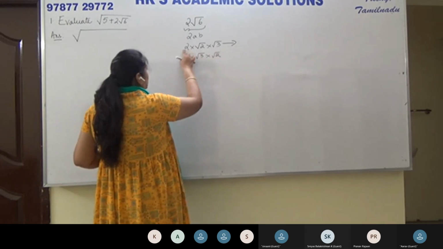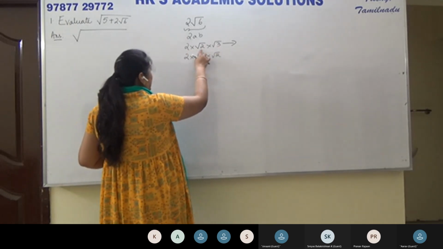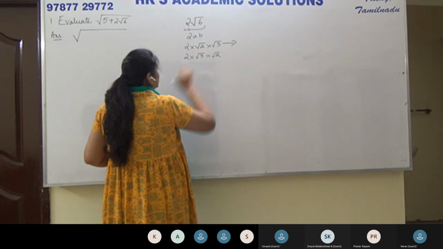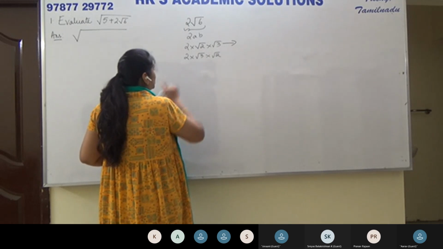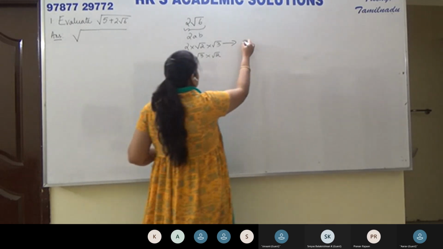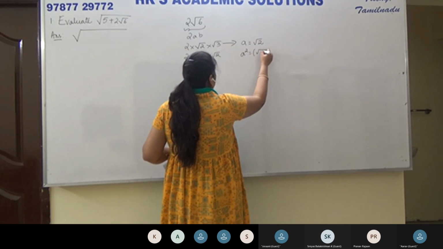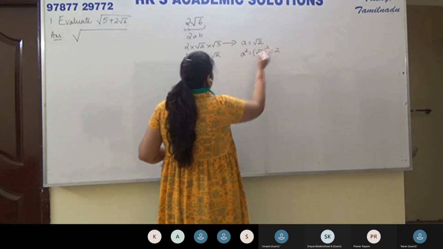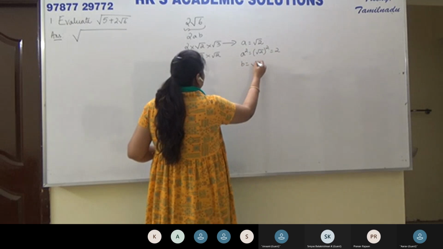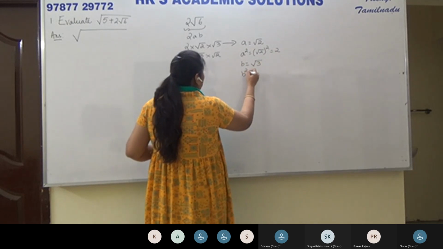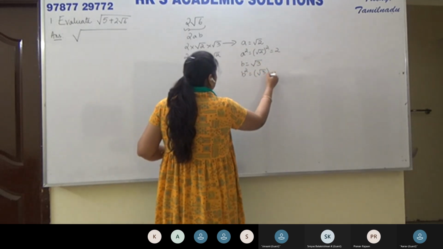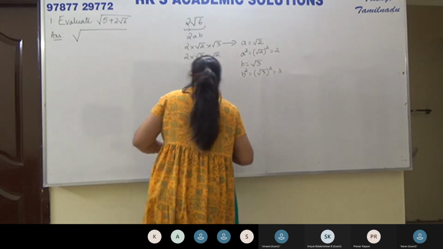Then if a is root 2, a square will be root 2 the whole square, which is 2. And if b is root 3, then b square will be root 3 the whole square, which is 3.